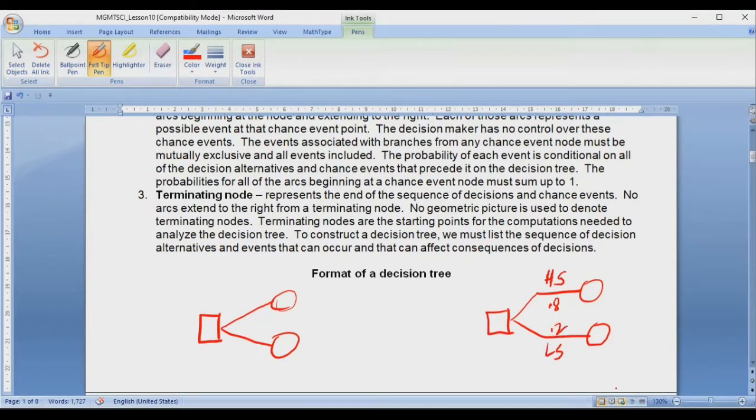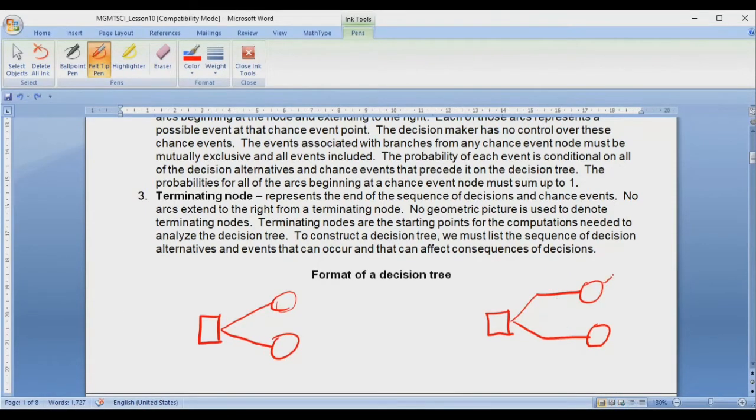So if you add the two probabilities, 0.8 plus 0.2 is equal to 1 whole, which is 100%. That's the meaning of that. Supposedly, you should write it here: high sales, low sales, then 0.8, 0.2, like that. So those are what is written in the chance event nodes.